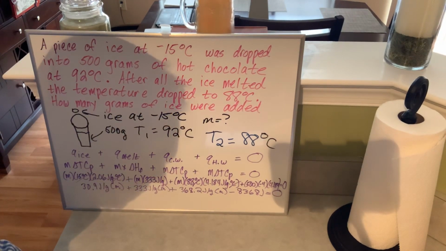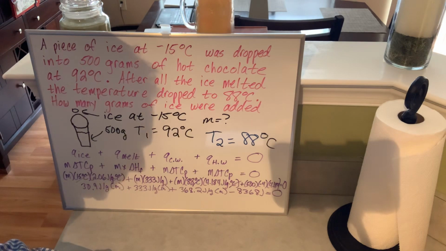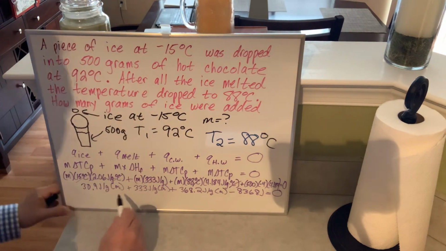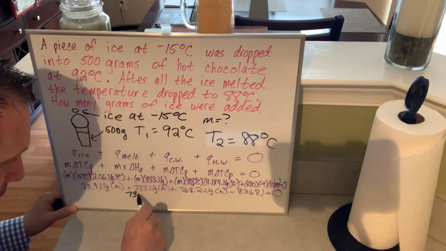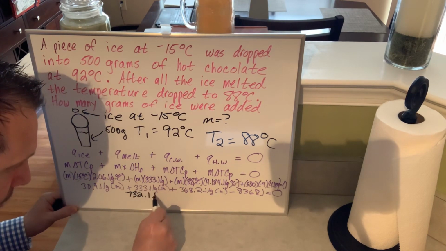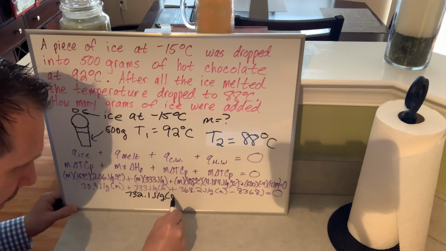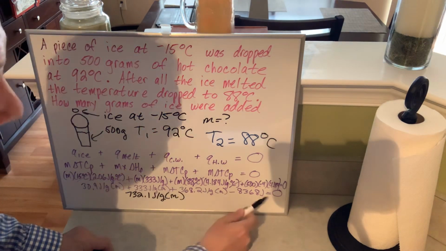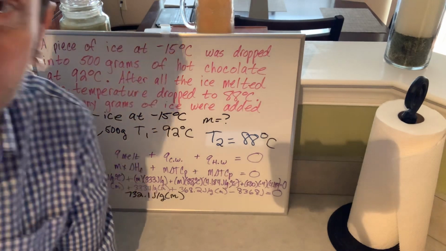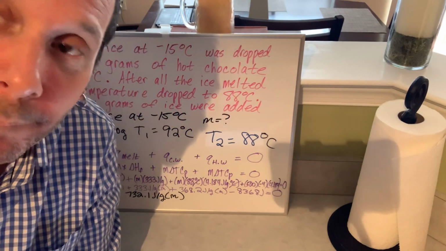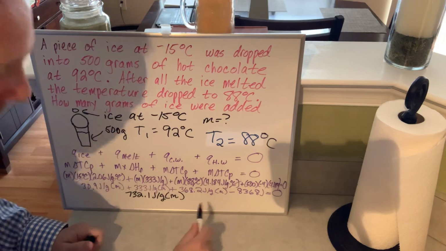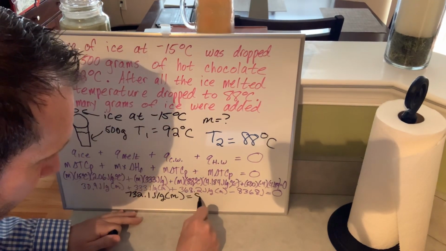So we got 368.2 joules per gram times M plus 333 joules per gram times M plus 30.9 joules per gram times M, and that equals 732.1 joules per gram times M. Minus 8,360 equals 0.